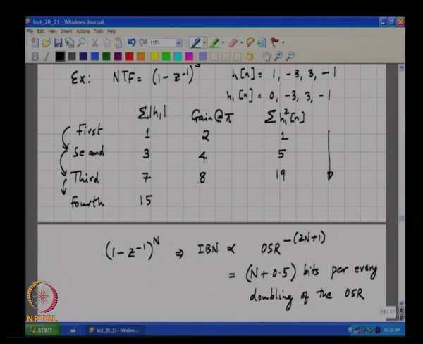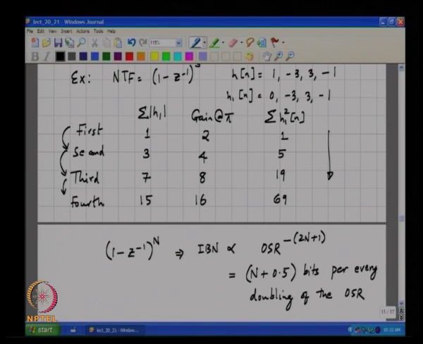What is the gain at pi? It is 16, and what is sigma h1 square? It is 16 plus 36 plus 16 plus 1, which is 69, okay.